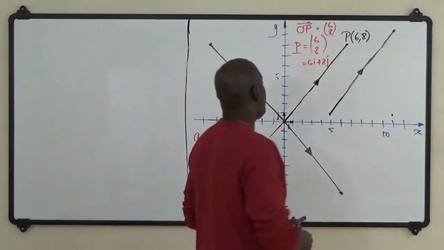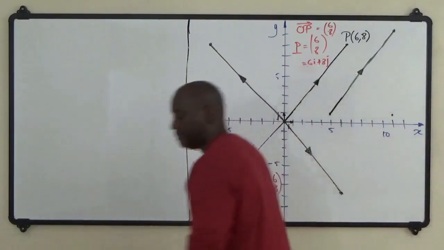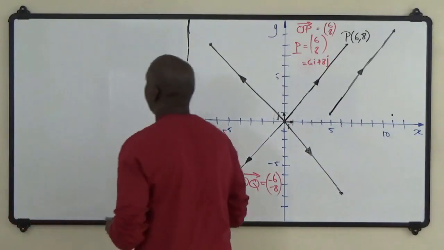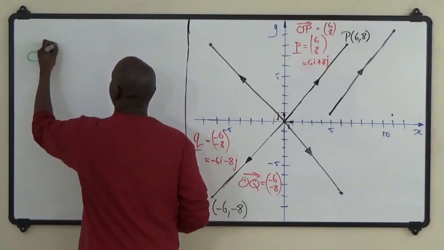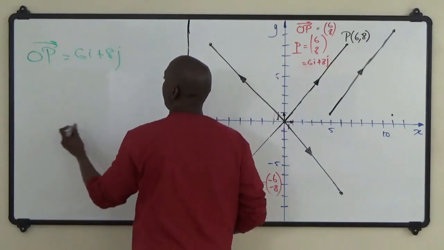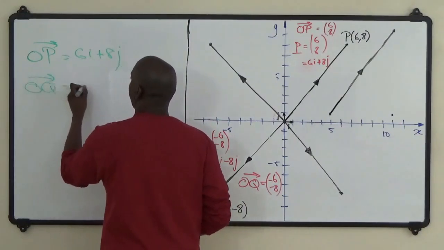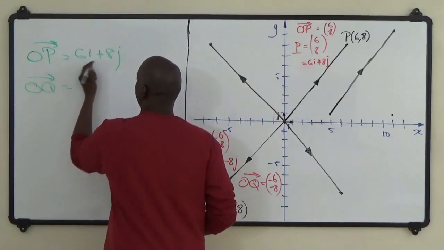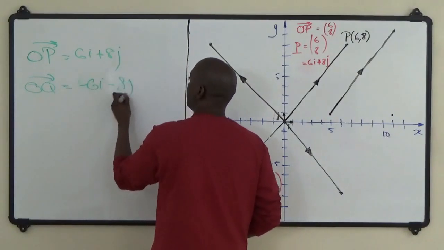So in other words, the direction of OP is 6i plus 8j. The direction of OP is equal to 6i plus 8j. The direction of OQ is minus 6i minus 8j.